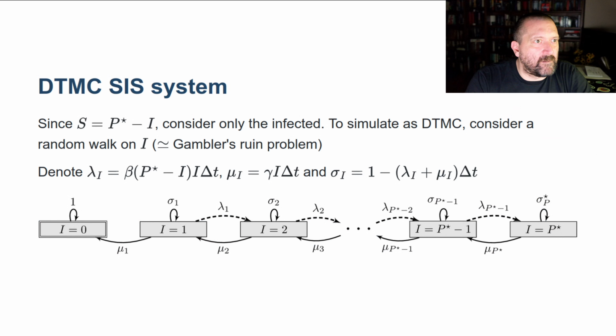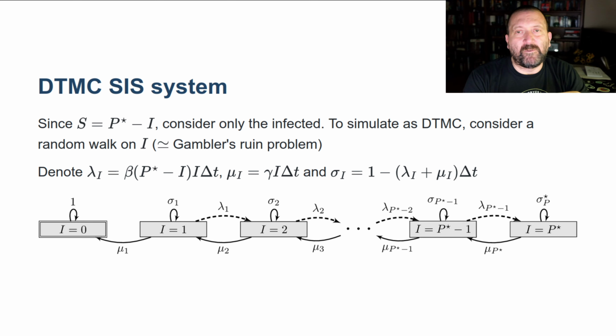And the last thing I want to do on these discrete time chains is to go through quickly the discrete time SIS system that we already saw. I'll remind you that the chain looks like so.